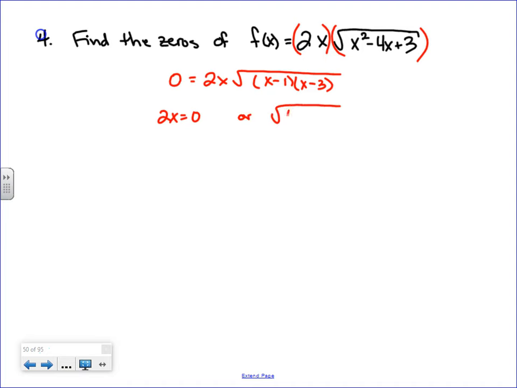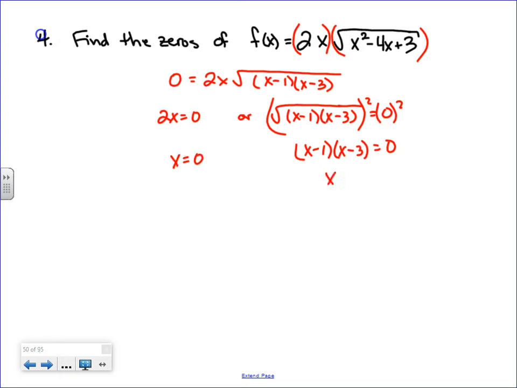Two times the square root of 3 and 1, right? Is this right? Square root of 0. Does that make sense? Wait, yes, it does, I lied. Oh yeah, you get square root of 0.